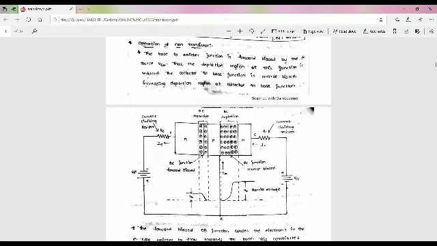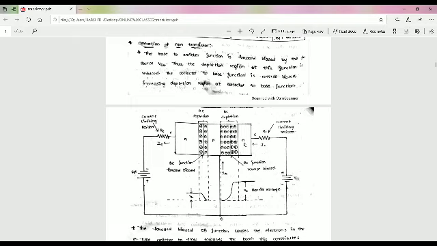Here IE is the emitter current, IB the base current, and IC the collector current. Thus the electron flow constitutes the dominant current in an NPN transistor.